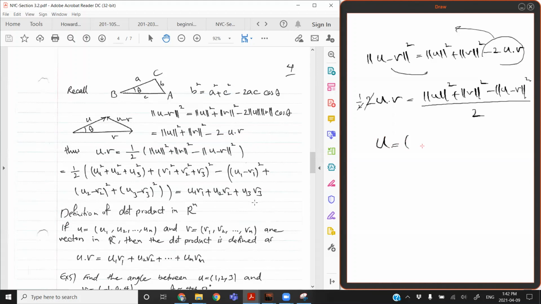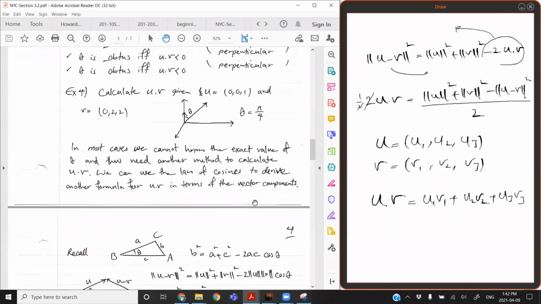If u is u1, u2, u3, and v is v1, v2, v3, and I want to find u dot v, I just multiply the corresponding components and then add them up. So it's going to be u1 v1 plus u2 v2 plus u3 v3. That would be the dot product.